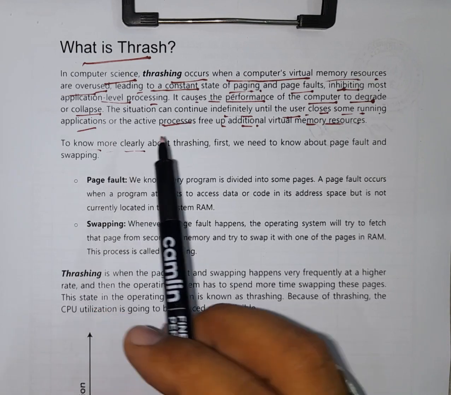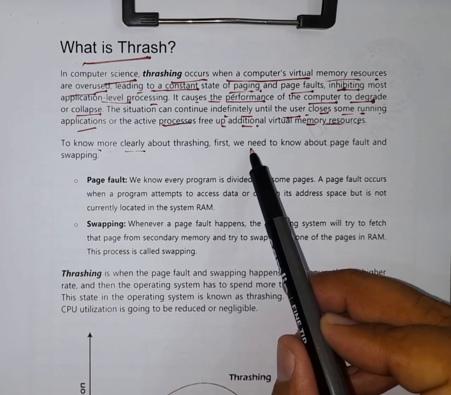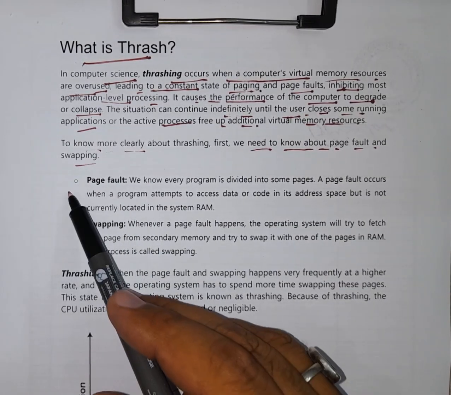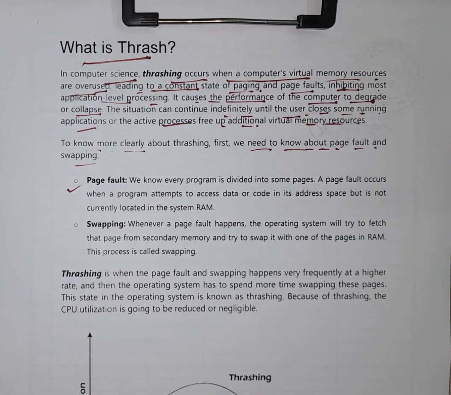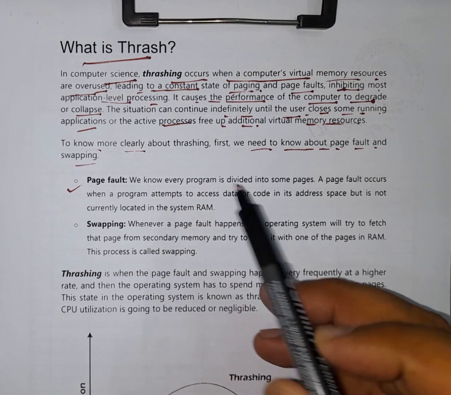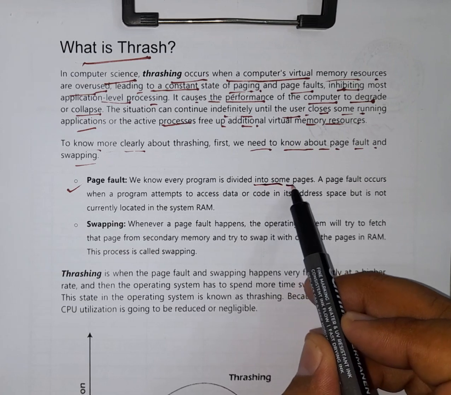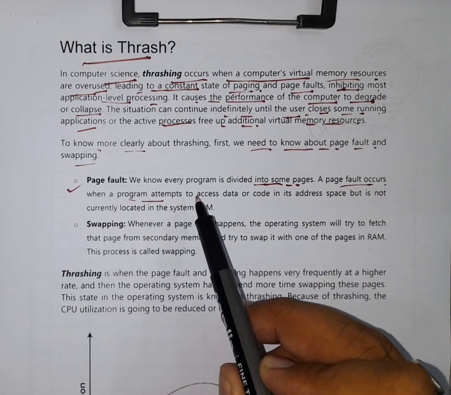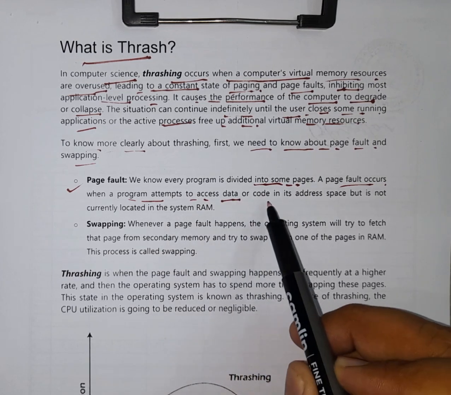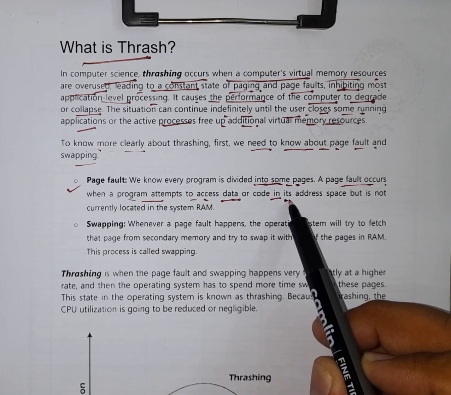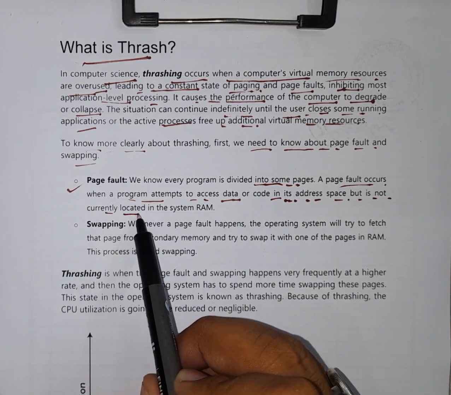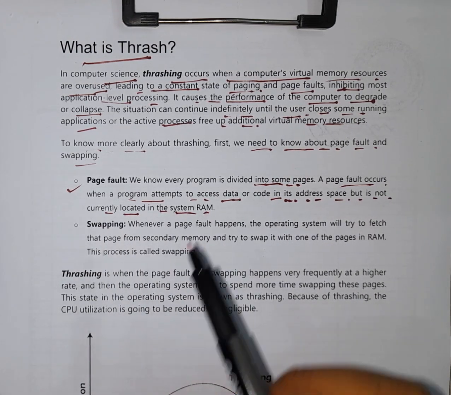To get more clarity about thrashing, we first need to know about page fault and swapping. One, page fault. What is a page fault? We know every program is divided into some pages. A page fault occurs when a program attempts to access data or code in its address space that is not currently located in the system RAM.